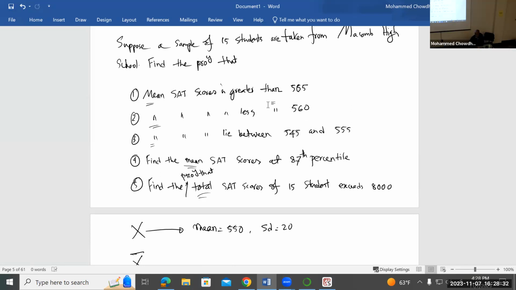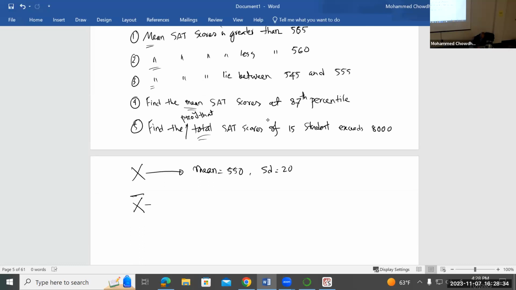Clear? If it is X, mean equals 550 and standard deviation 20. If it is X bar, then the mean is still the same, but the standard deviation of X bar equals 20 over square root of 15, where n equals 15. This is the formula, the only difference.